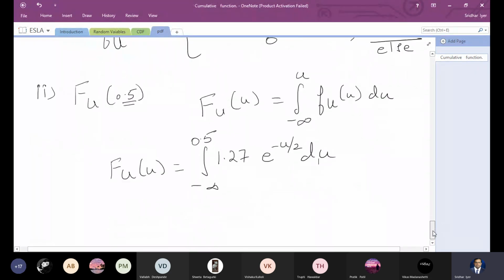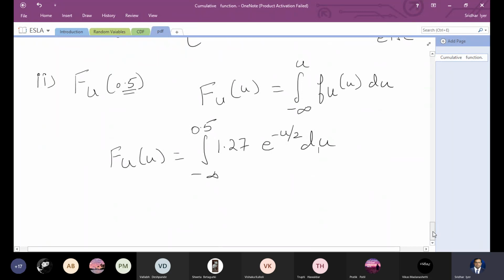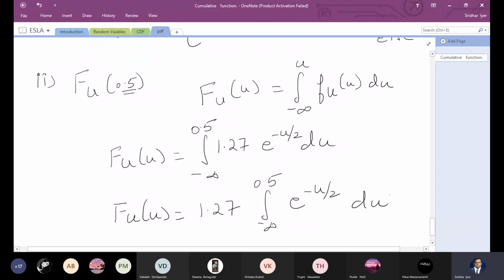Once I evaluate this integral value, I should be able to get the value of the CDF at 0.5. Right? So all you have to do is now integrate this. Right? So fu of u will now become, I'll get the 1.27 outside the integral. We'll have minus infinity to 0.5 e raised to minus u by 2 du.